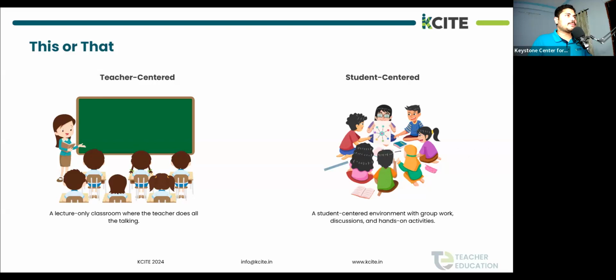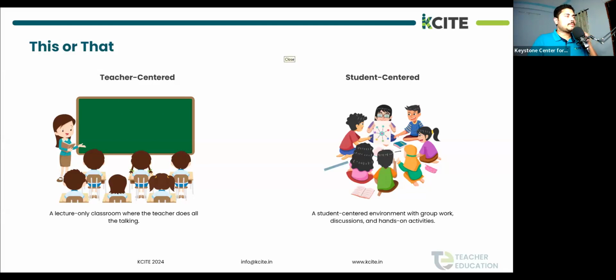Which one do you prefer? Student centered, everybody. Yeah, thank you so much. Most people are saying that they prefer student centered. Great. Thank you so much for responding, everybody.